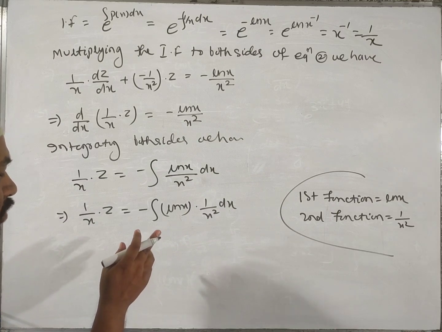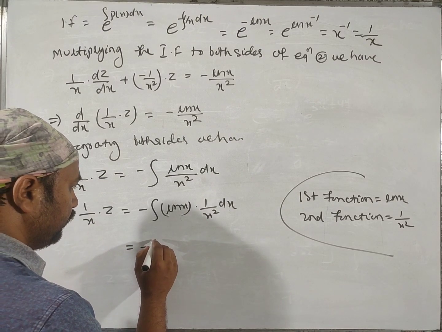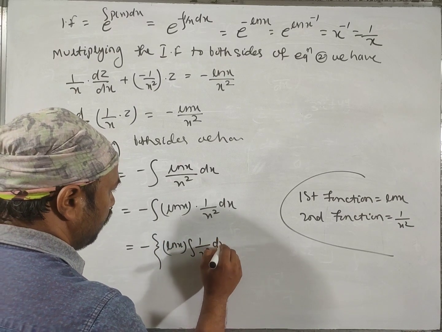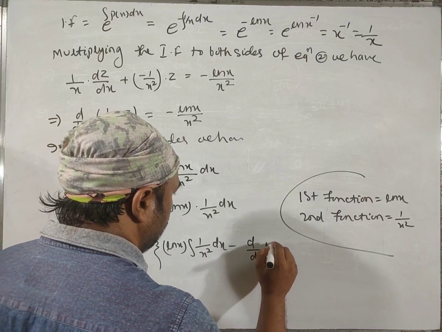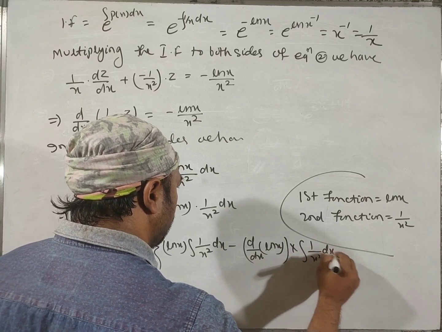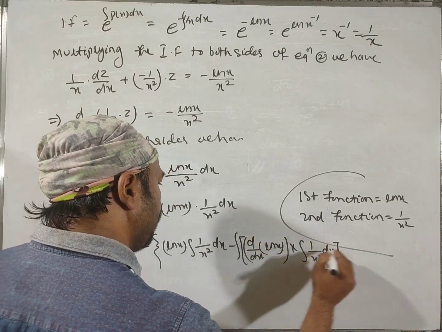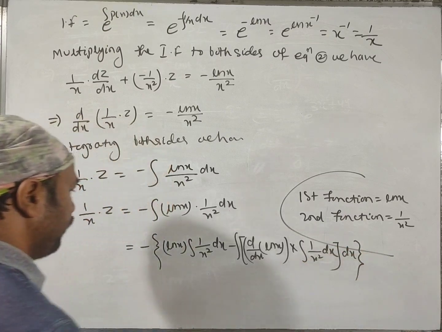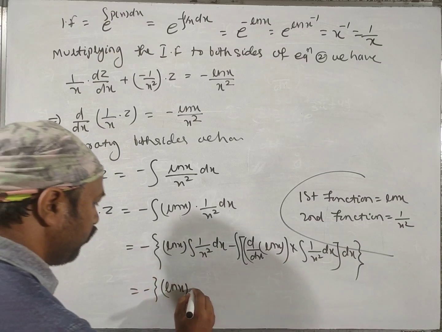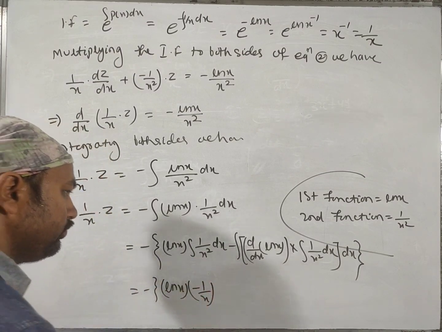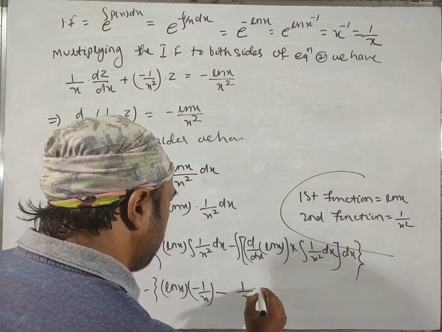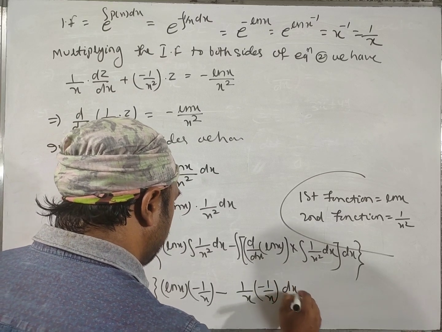So by using the integration by parts method, we have minus ln x times the integral of 1 upon x square, which is minus 1 upon x, minus the integral of the derivative of ln x, which is 1 upon x, times the integral of 1 upon x square, which is minus 1 upon x, dx.